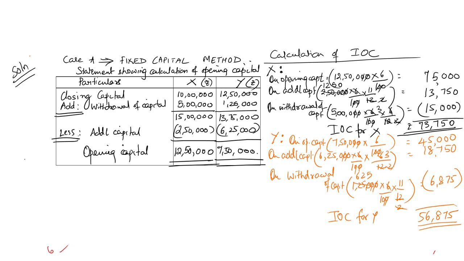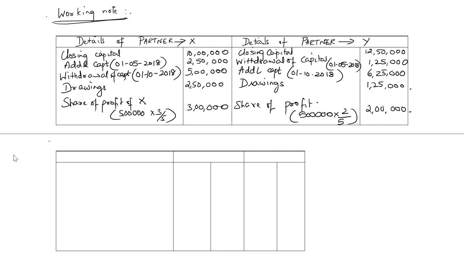Next, let's go to fluctuating capital method. Case B, fluctuating capital method. We'll begin with the statement showing calculation of opening capital.